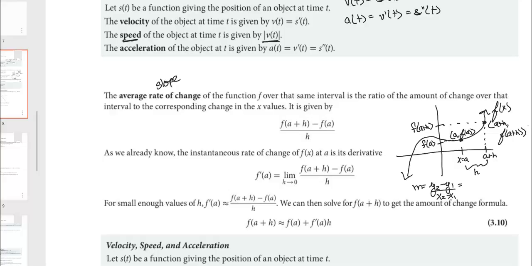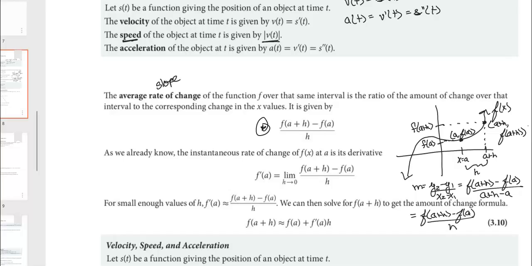So it would be y2, f of a plus h, minus y1, f of a, over a plus h minus a, just using the slope equation, which is going to give us f of a plus h minus f of a all over h. So that's where this equation is coming from.